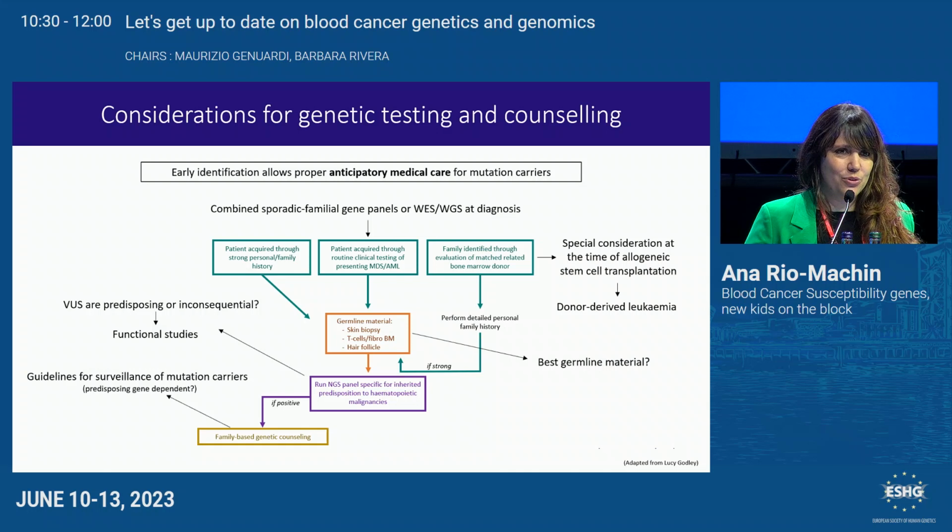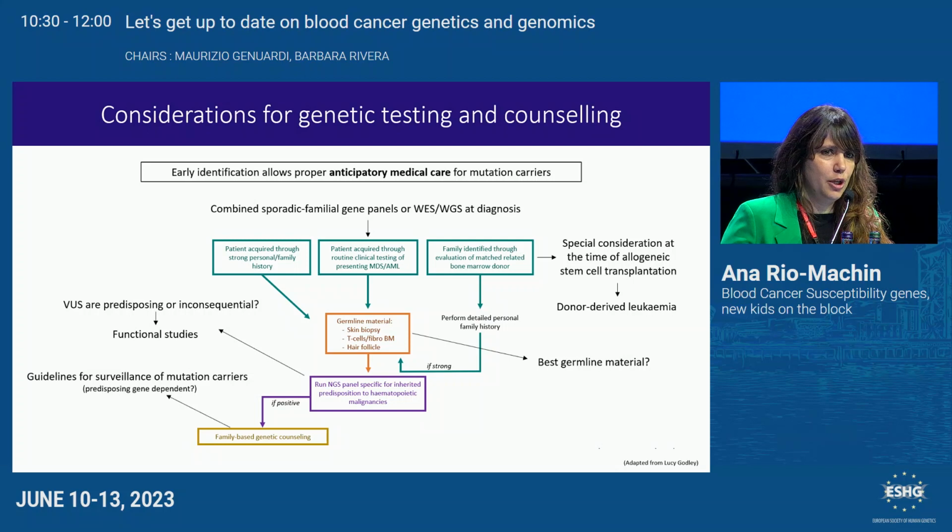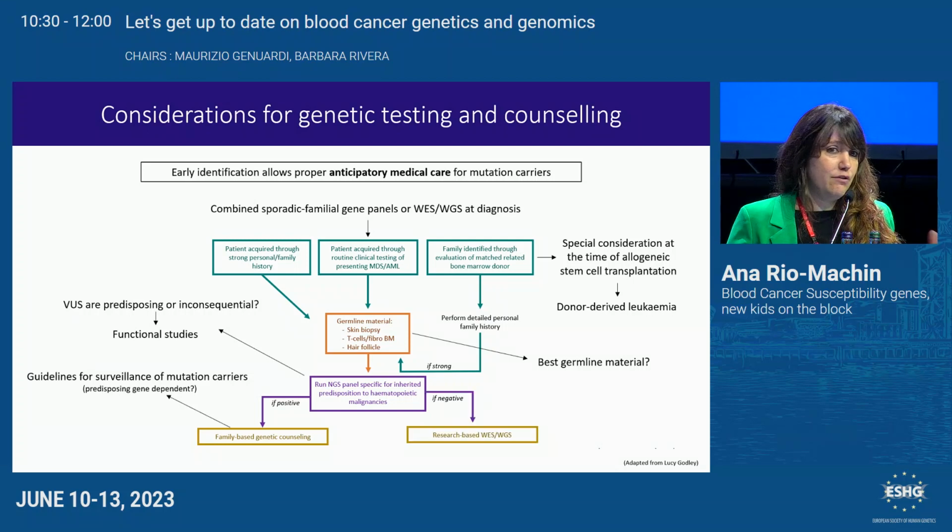We do know now that we need consortiums like James presented. We need to consider each gene individually because we can't make guidelines that can work for all the genes together, so we have to be very aware of that. And then, if the patient has any mutation in this panel, we have to include them in a research pipeline to identify new predisposing genes.